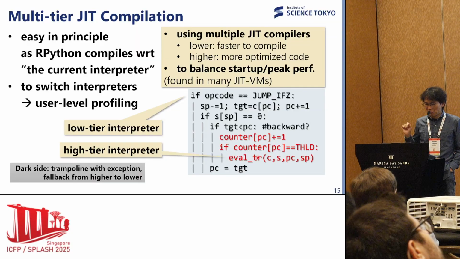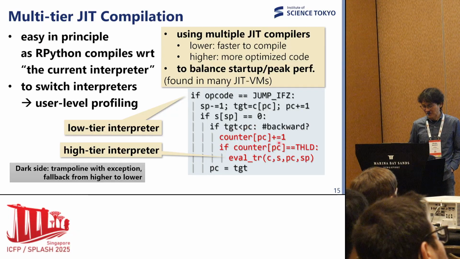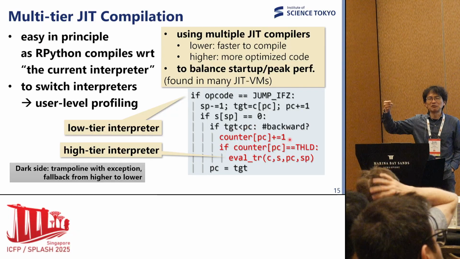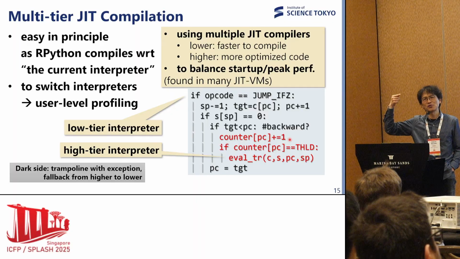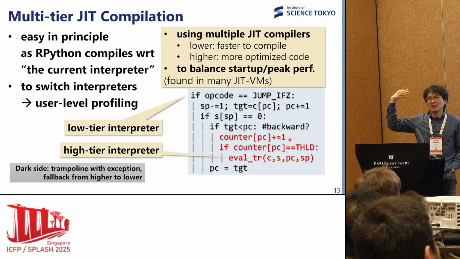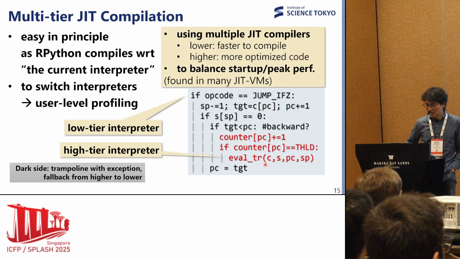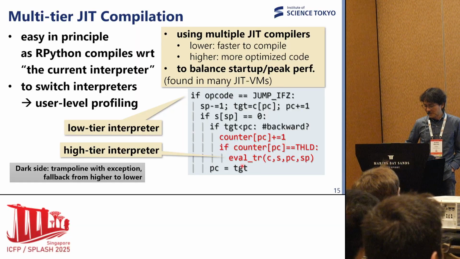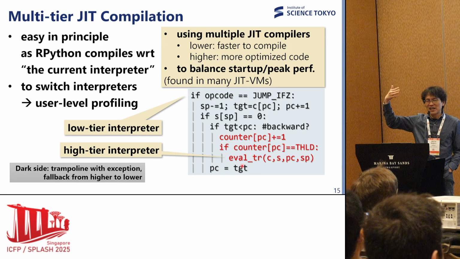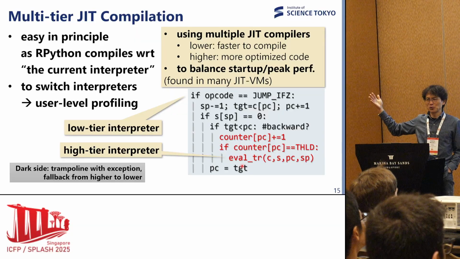Then we insert tracing profiling code this way: just count up the execution times for each program counter, and when the counter reaches the threshold, let the higher tier interpreter evaluate the rest of the program.